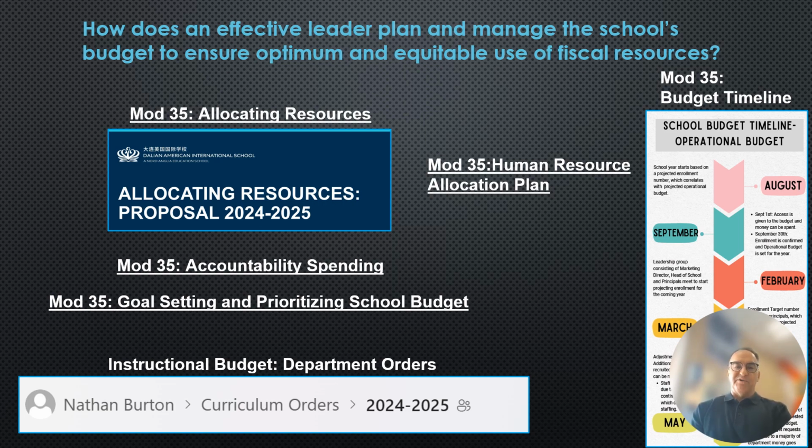One of the things we have at our school is that an order above a certain level of expenditure has to be approved by multiple people, which is a nice thing to see. And then also in Module 35, we built a timeline for our budgeting process. When do we start talking about what we need, and when do we start actually formally asking for what we need? When does that window close? When do we spend? When do we allocate the funds? And when do we hope to see a return on our investment?